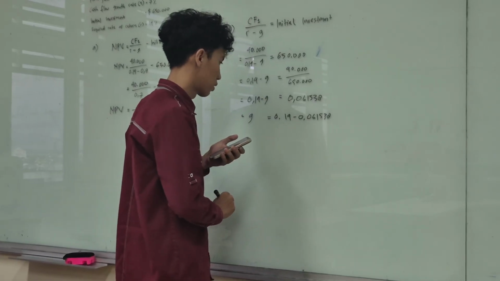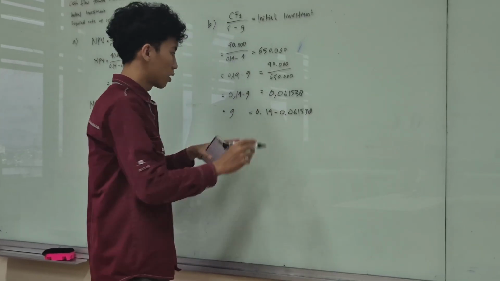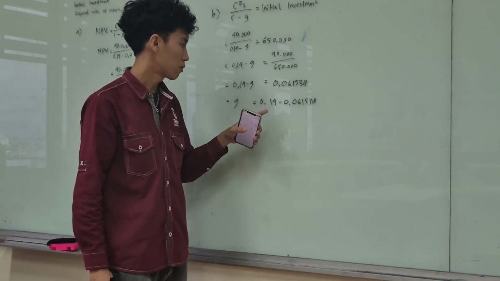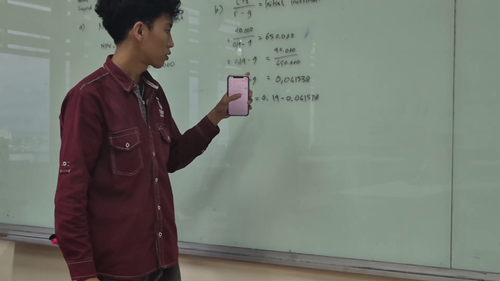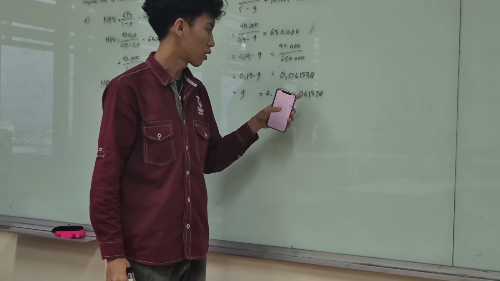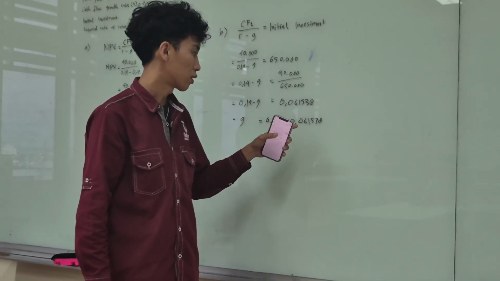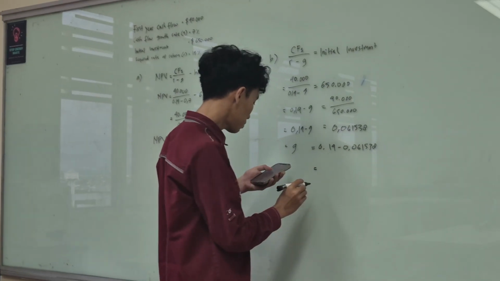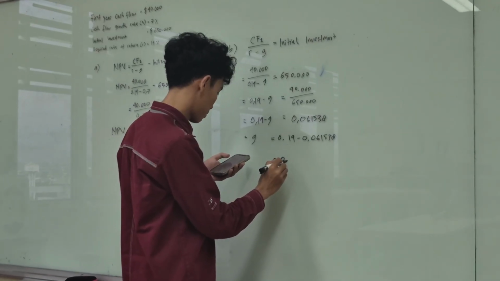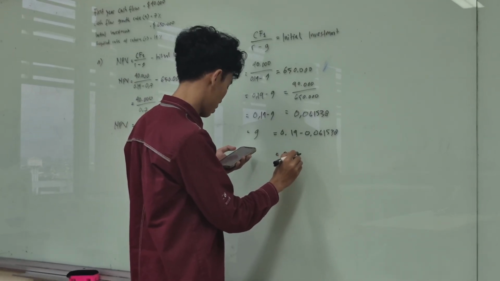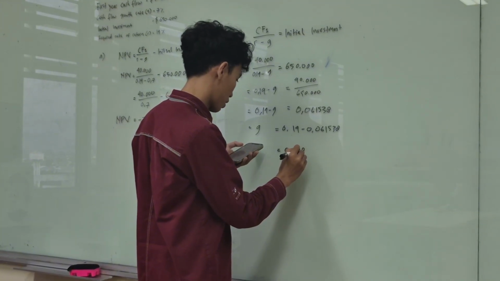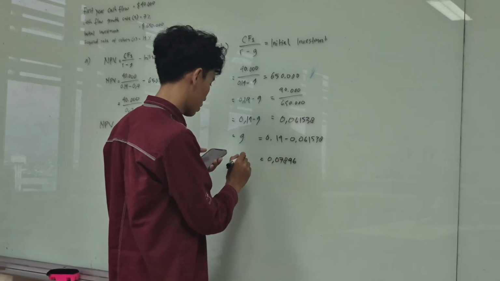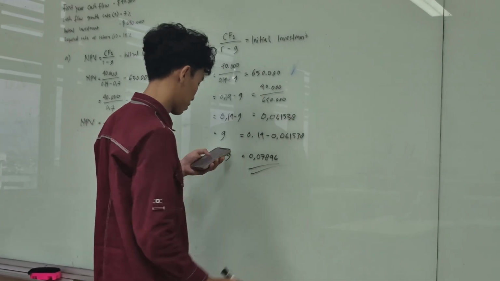And the calculation is 0.14 minus 0.061538 is 0.07846, and this is the answer.